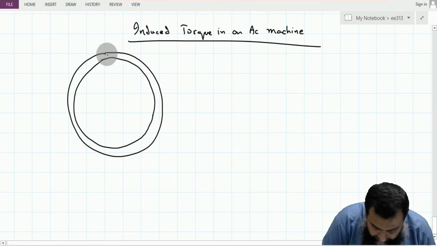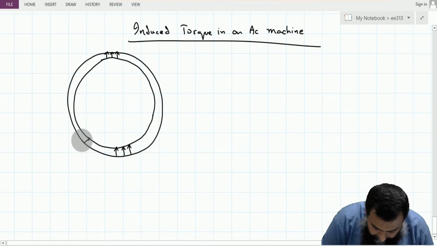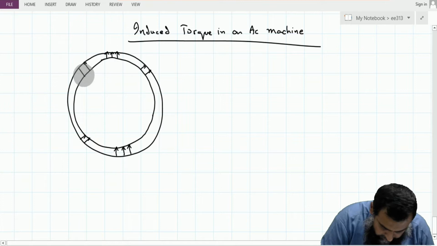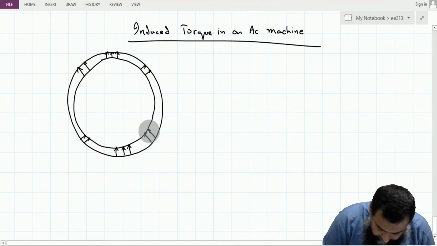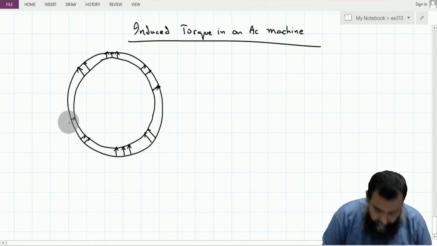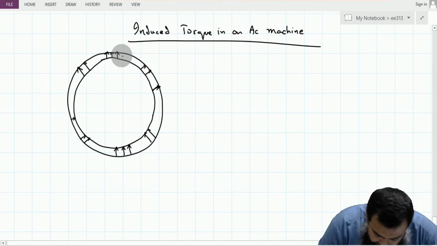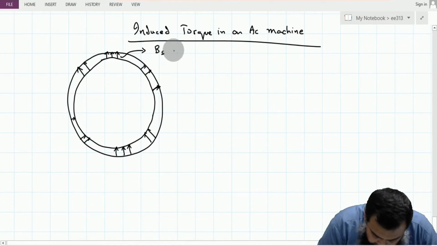In this stator, we have the magnetic field in this particular direction. Let us say that this is the magnetic field due to the stator winding, this BS.